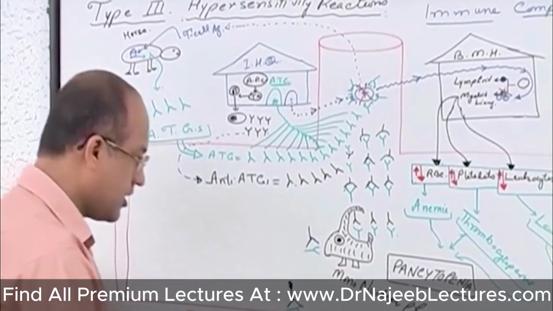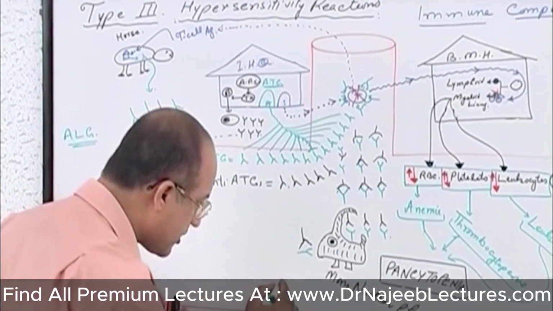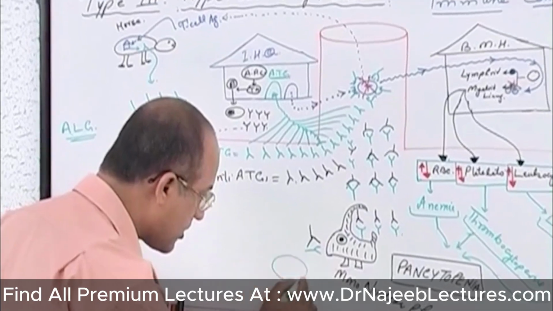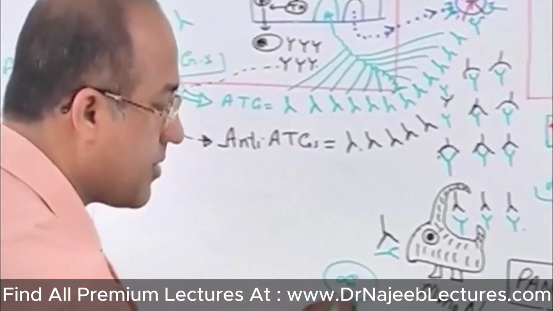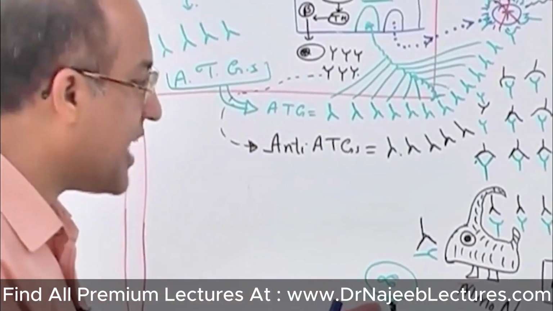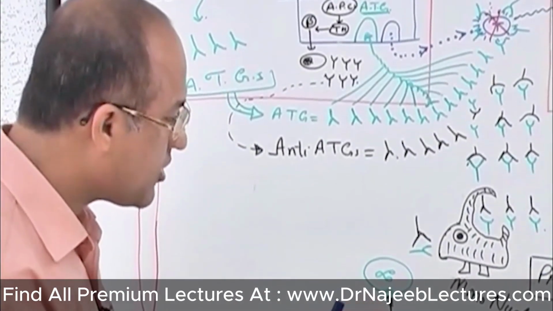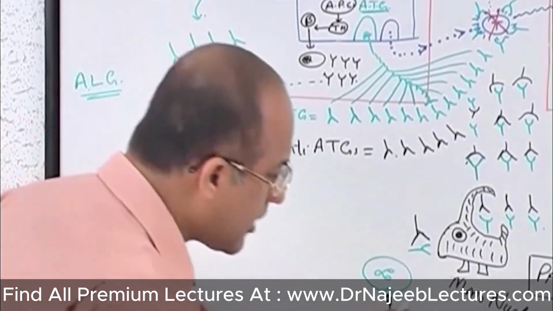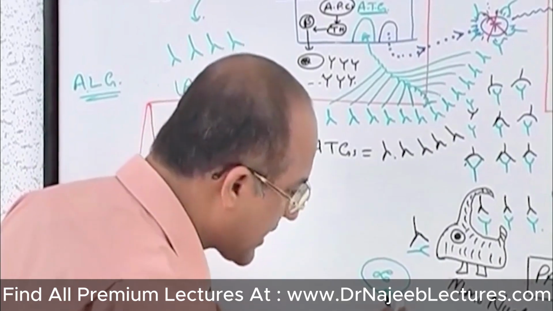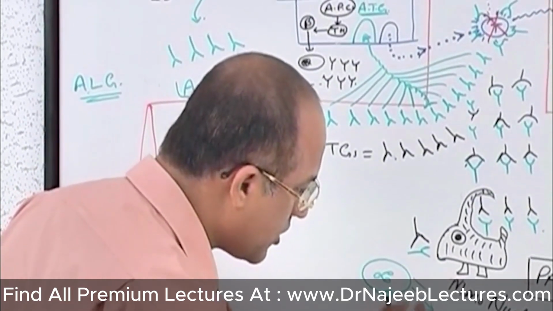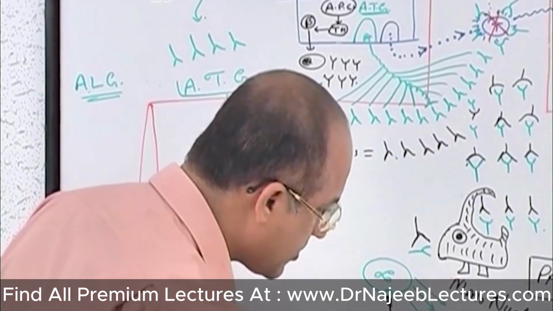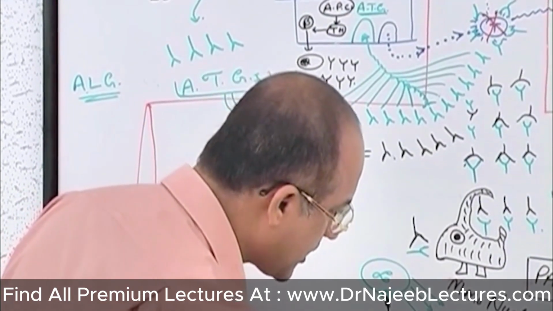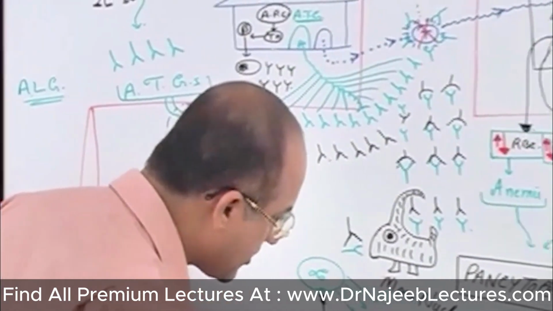If some neutrophil or macrophage or mast cell is irritated by this immune complex, these cells may produce vasoactive, they may produce vasogenic substances.